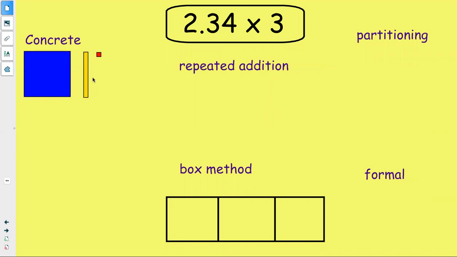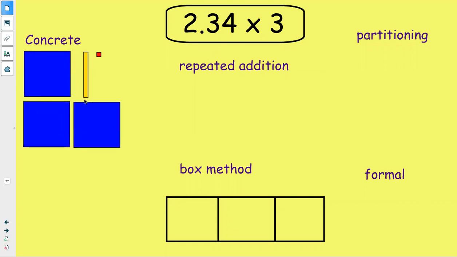So if I look at it in terms of our concrete or pictorial, I've got 2 units, so 2 whole numbers, I've got 3 tenths, so 1, 2, 3, and then I've got 4 hundredths, so 1, 2, 3, 4.